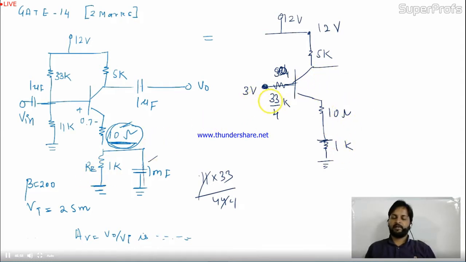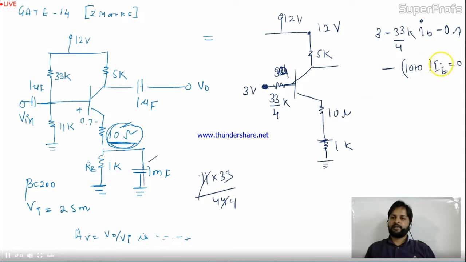I'll apply KVL in the input mesh. So 3 minus 33 by 4K of IB minus 0.7, and here I'm having 10 and this 1K, so 1010 of IE equals 0. Is it correct?